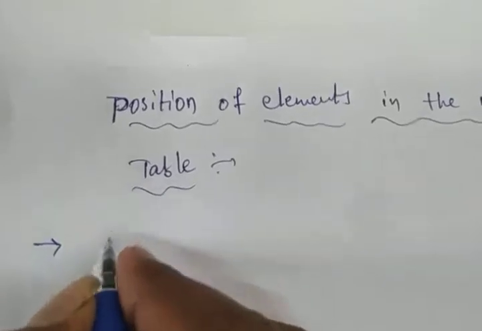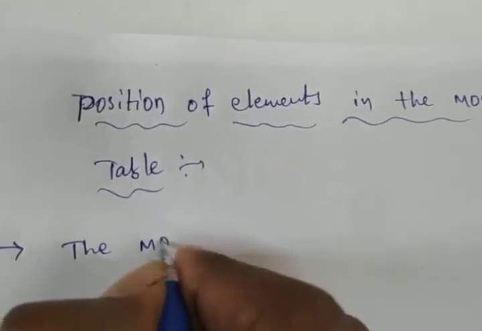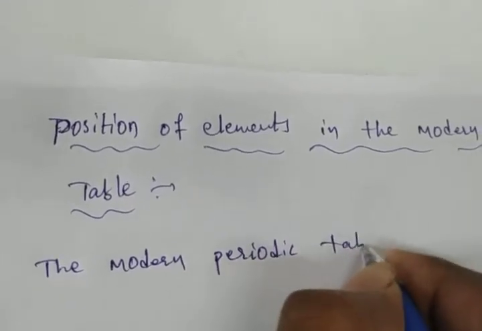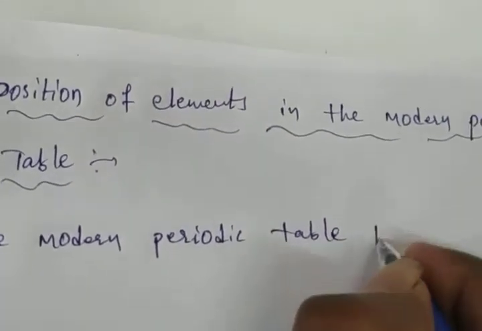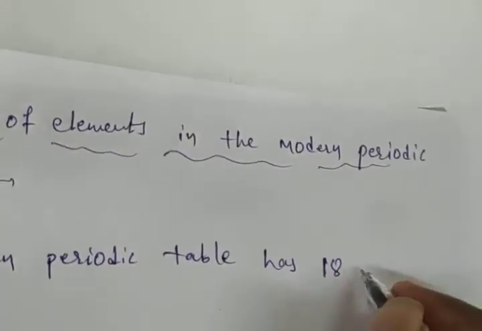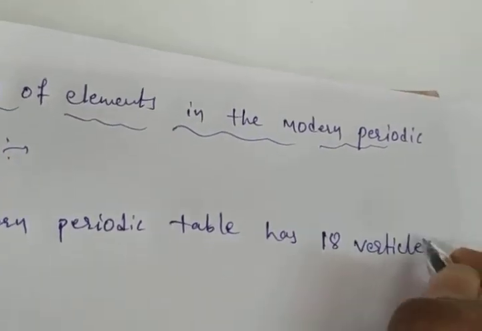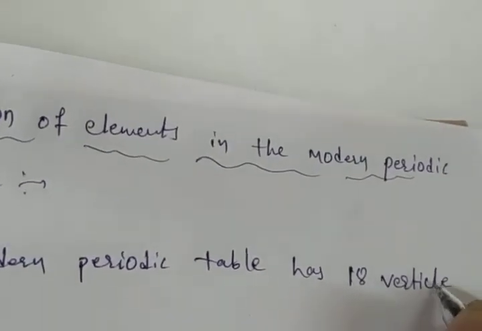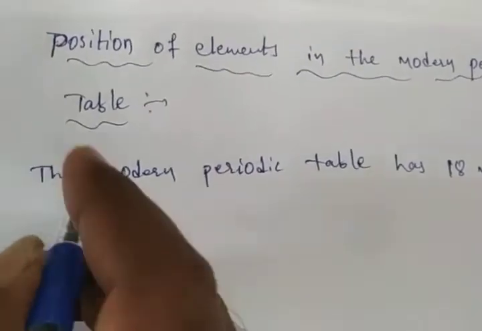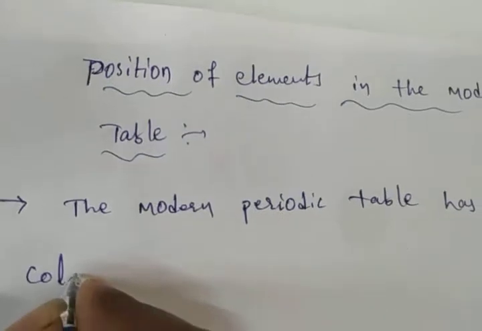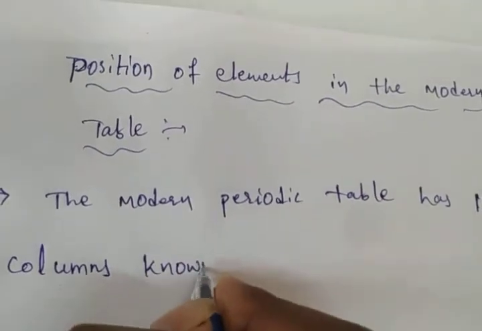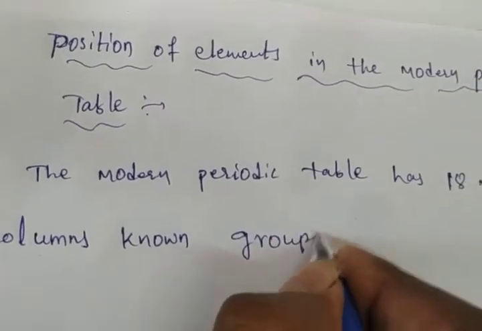The modern periodic table has 18 vertical columns. These are known as groups. How many groups are there in the modern periodic table?